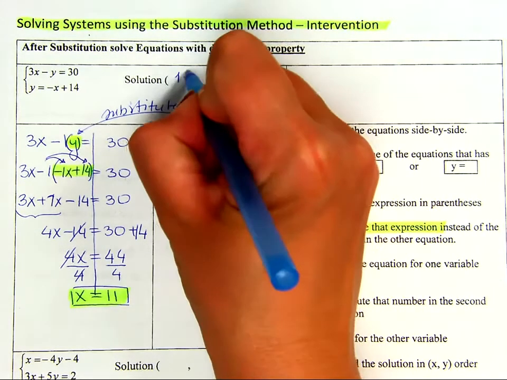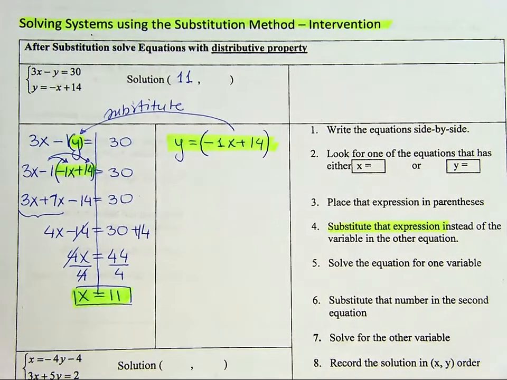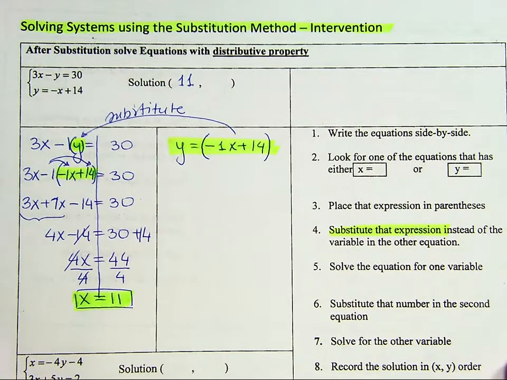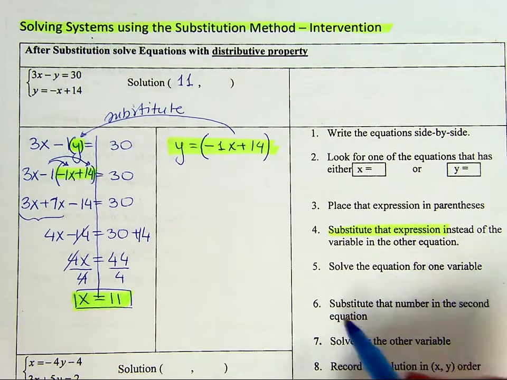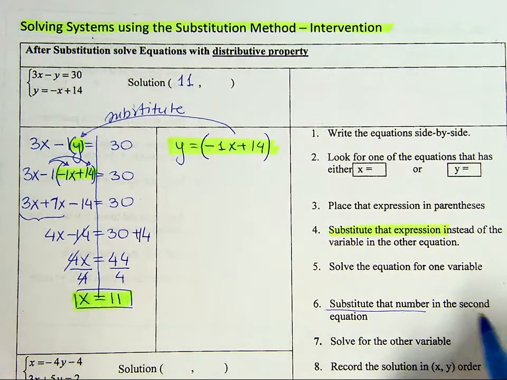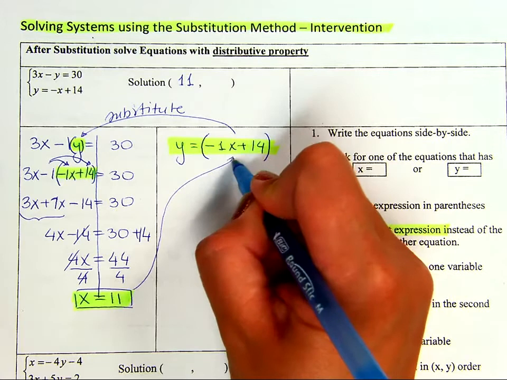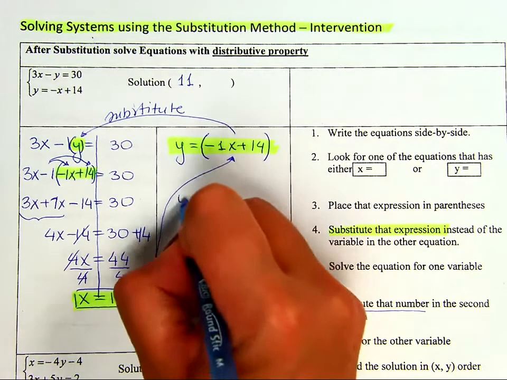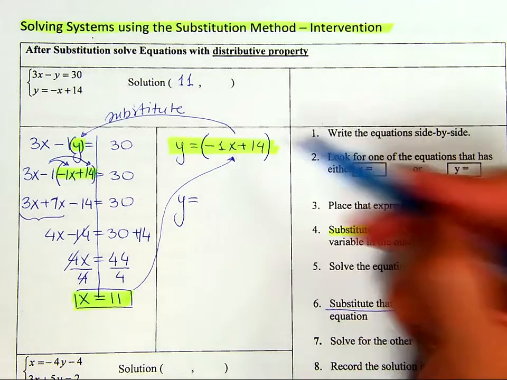In the solution, 11 is in the first place, the x place, and then we still need to figure out the y. Because we found one of the variables, we can substitute that number, x equals 11, in the second equation. So we're going to substitute it to figure out the y. y equals negative 1x plus 14.